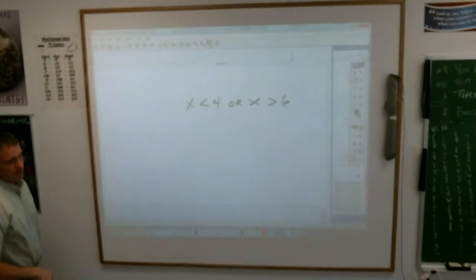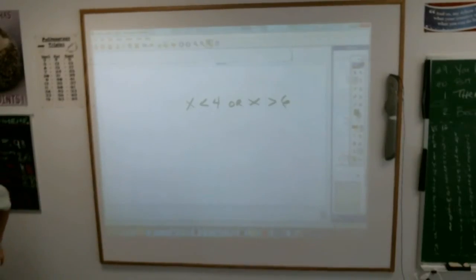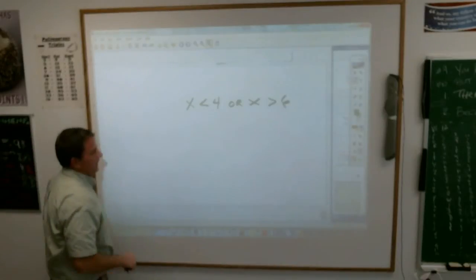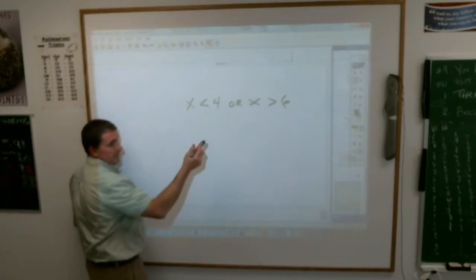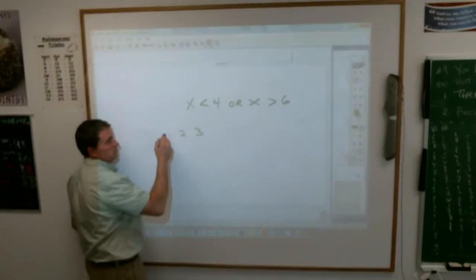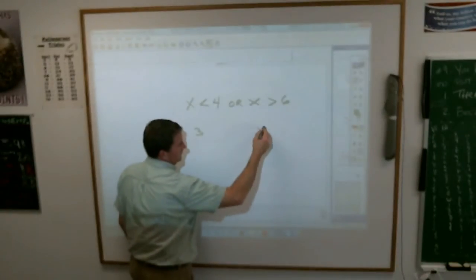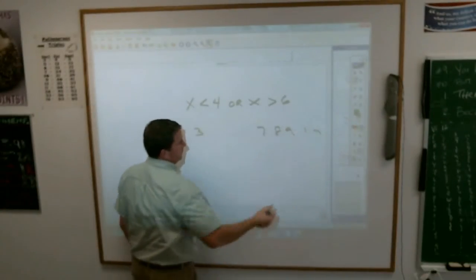There is no way to combine that. If it's an or compound inequality, it's going to look like that: two inequalities with the word or in between. You can't shorten it. If you remember, the answers we gave to this were 3, 2, 1, and so on. The answers over here are 7, 8, 9, 10, and so on.